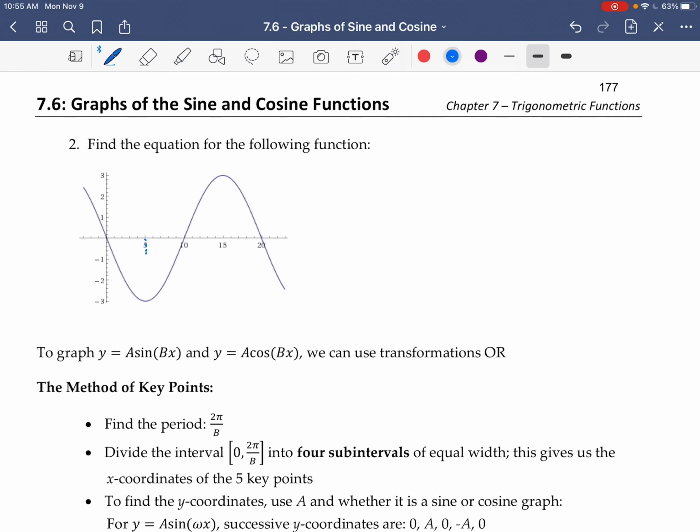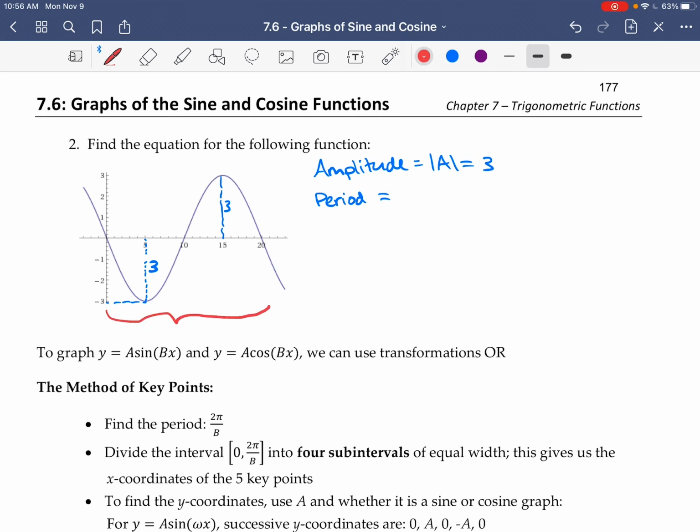It looks like the height here is 3, and also here is 3. So the amplitude is 3. Now the period.